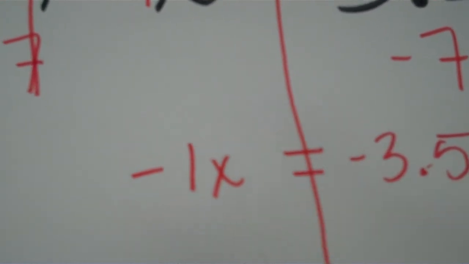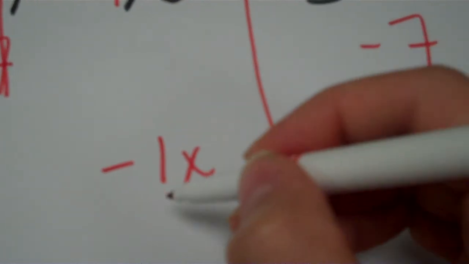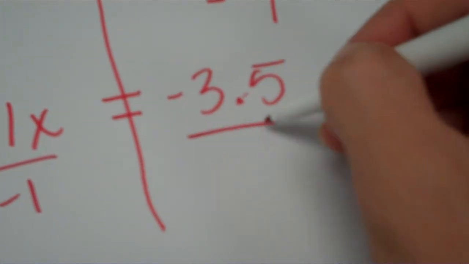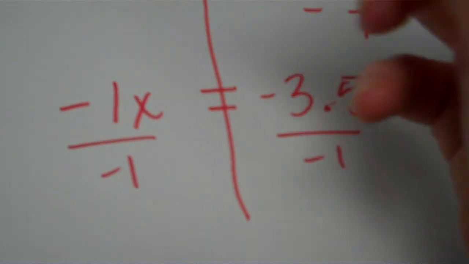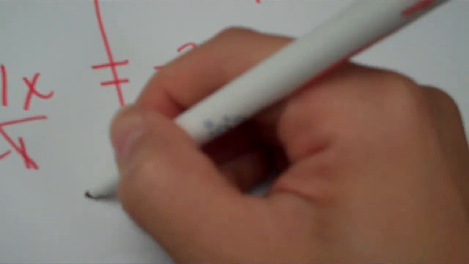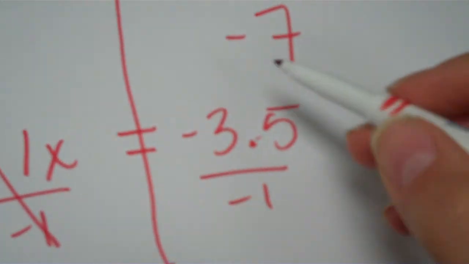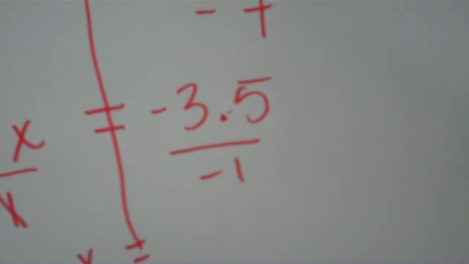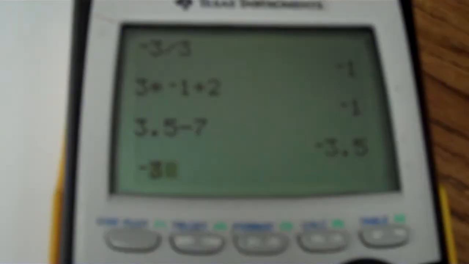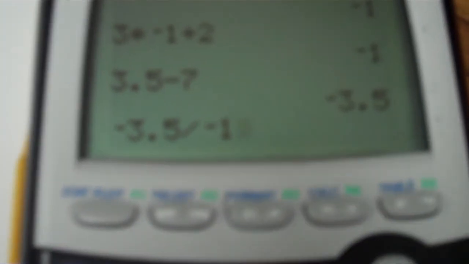Mom says best friend has to leave. So the opposite of multiplying by negative 1 is dividing by negative 1. Right? That goes away. The x comes down. Negative 3.5 divided by negative 1 is a positive 3.5.